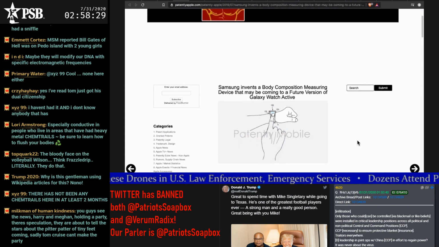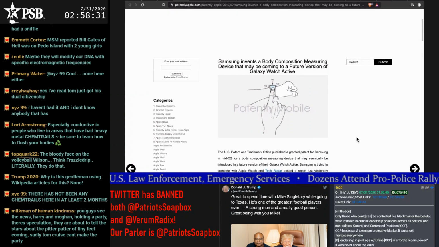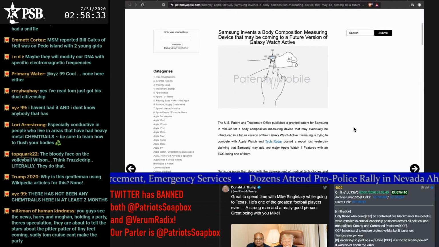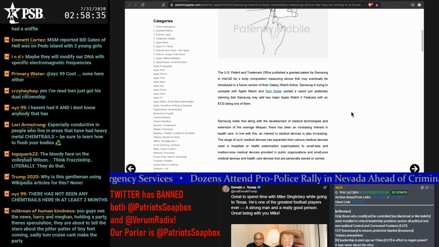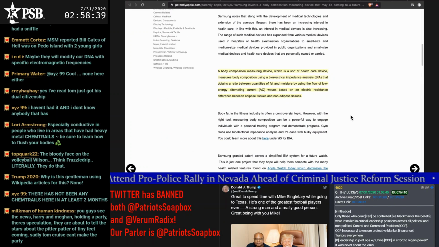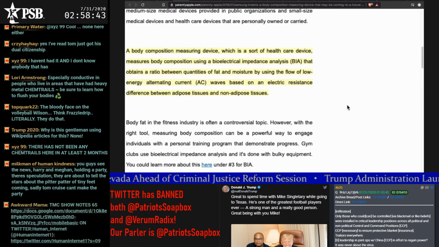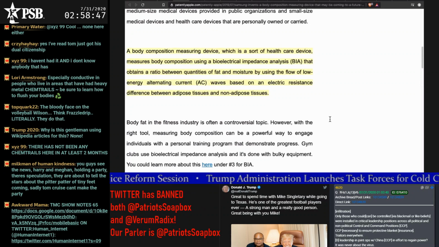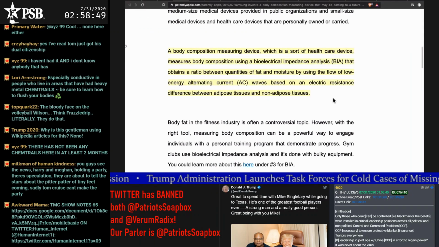Samsung invents a body composition measuring device that may be coming to a future version of the Galaxy watch. A body composition measuring device, which is sort of a healthcare device, measures body composition using bioelectrical impedance analysis that obtains a ratio between quantities of fat and moisture by using a flow of low energy alternating current waves based on an electric resistance difference between adipose tissues and non-adipose tissues.